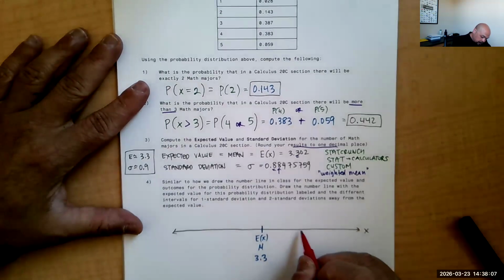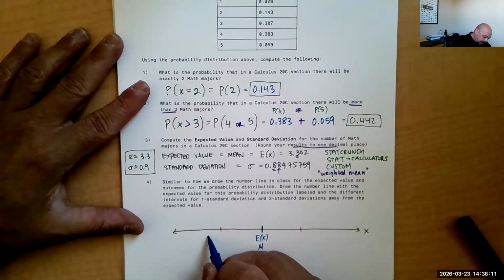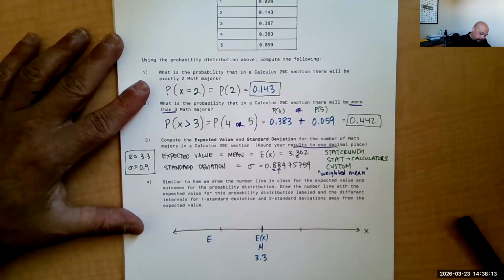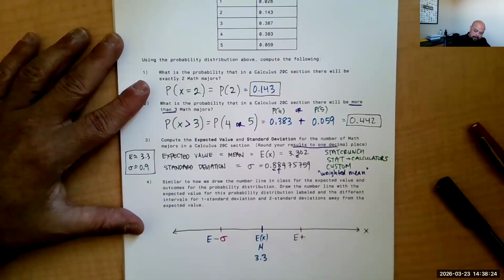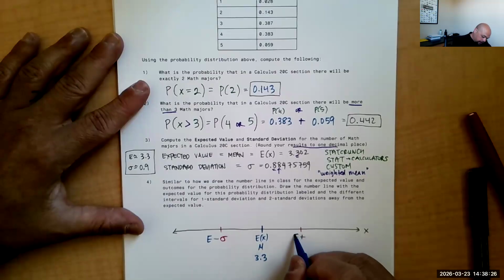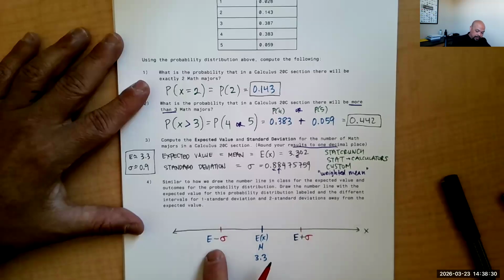So if I do this first set, we're going to take that expected value and subtract 1 standard deviation. Likewise, we're going to take the expected value, that mean, and add 1 standard deviation. So now we're 1 standard deviation above, 1 standard deviation below.